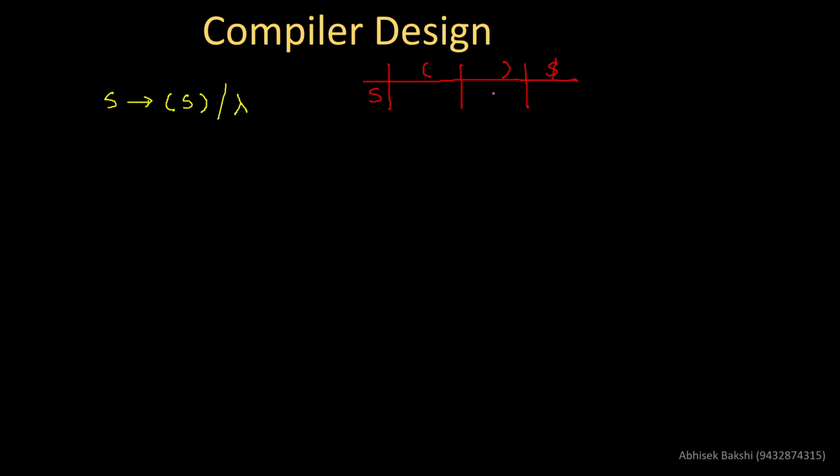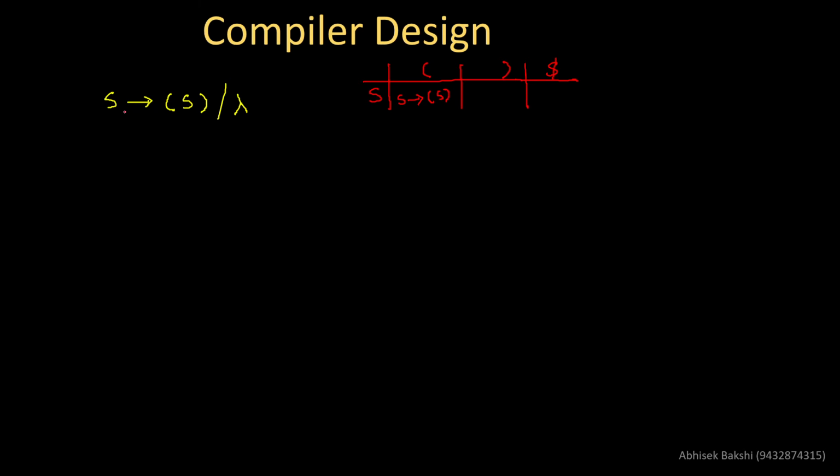Where will I put S to opening brace S closing brace? I will put it in the first of this LHS, that means I will put S to opening brace S closing brace over here.